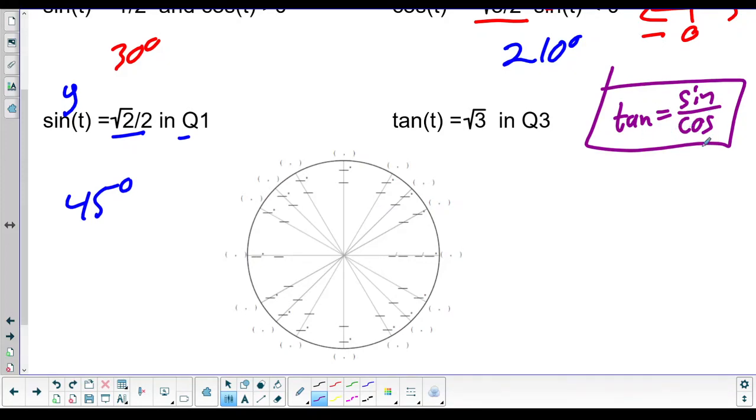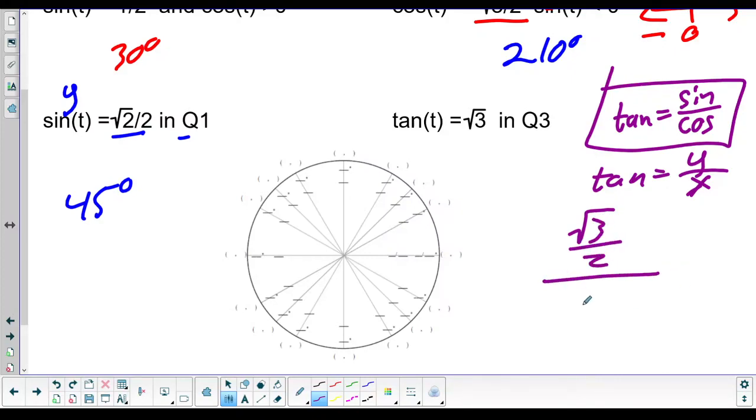So for this, we know sine over cosine. That means tangent equals y over x, because sine is y, cosine is x. So when we reduce our fraction, we got radical 3. So we want to look at this. Is it either radical 3 over 2 over 1/2 or vice versa?